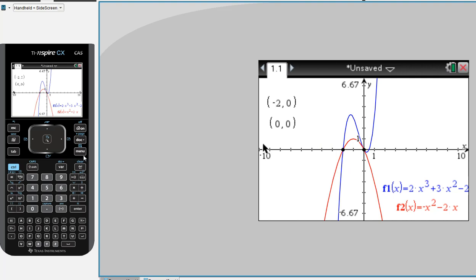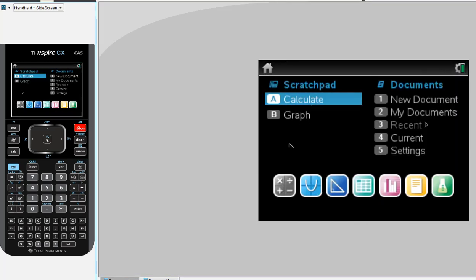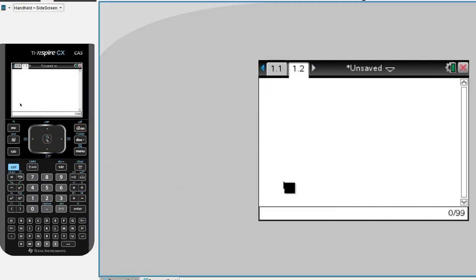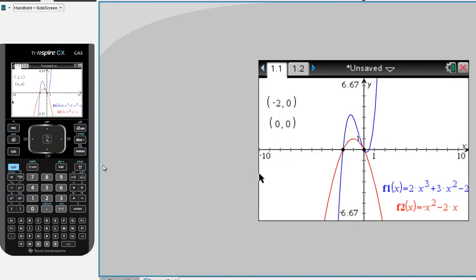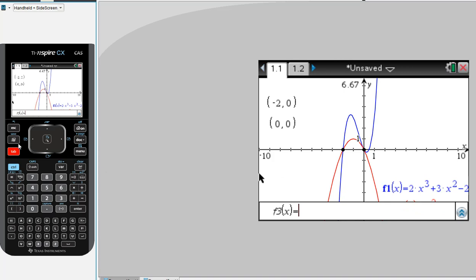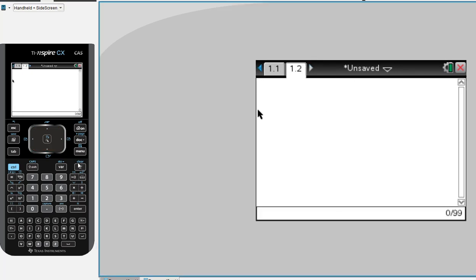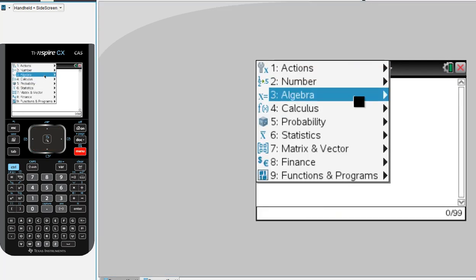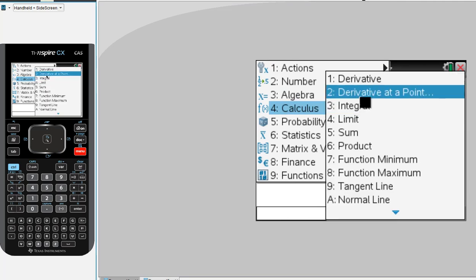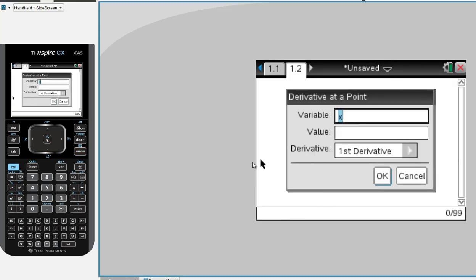So we can just add a calculator page. Remember, we have already predefined the two functions. The first one is called f1, the second one is called f2. So let's find the derivative at a point.